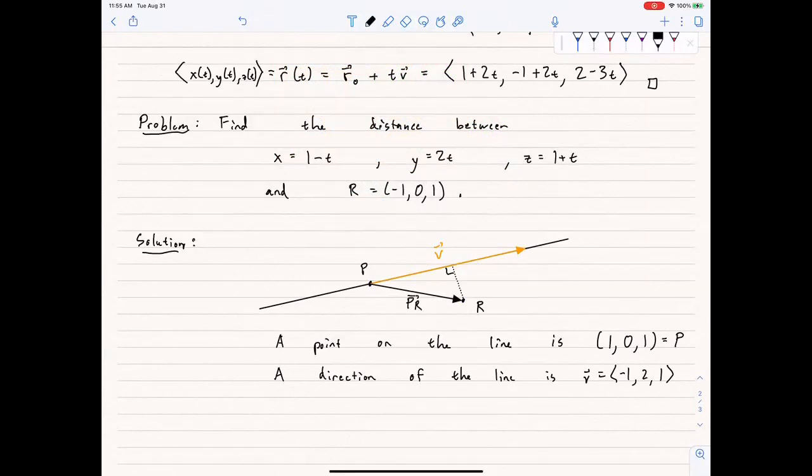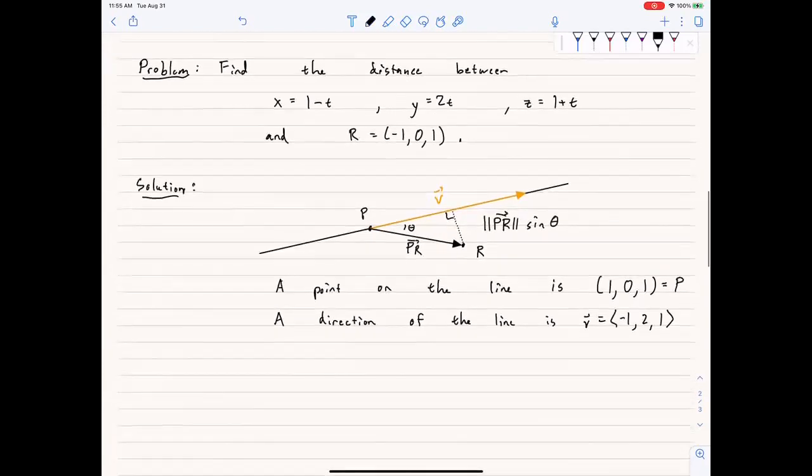We can look for the angle theta, and we'll see quite easily that this distance is precisely the norm of PR, my bad, the magnitude of PR times sine of theta, where theta is the angle between PR and V. Maybe absolute values.